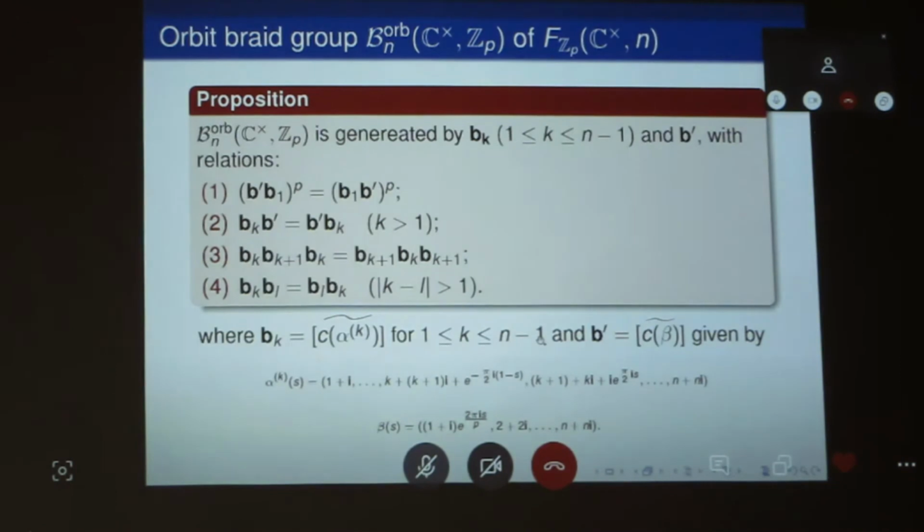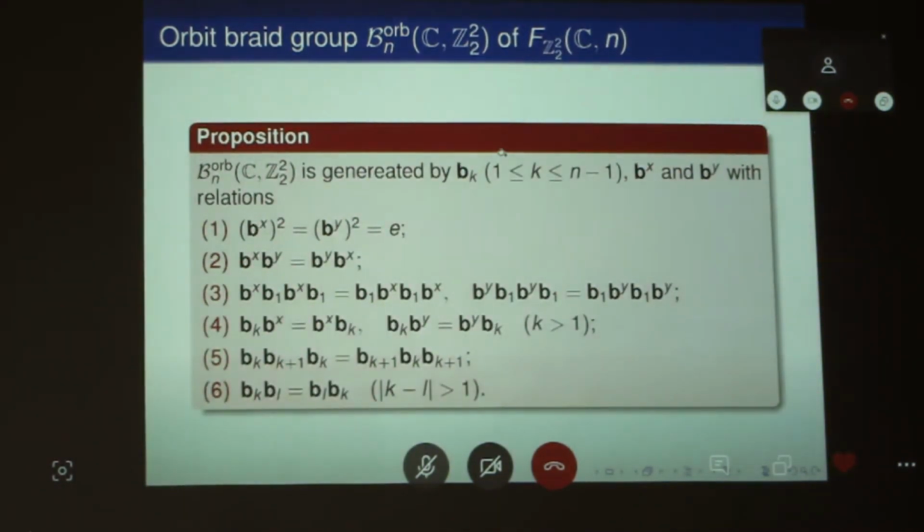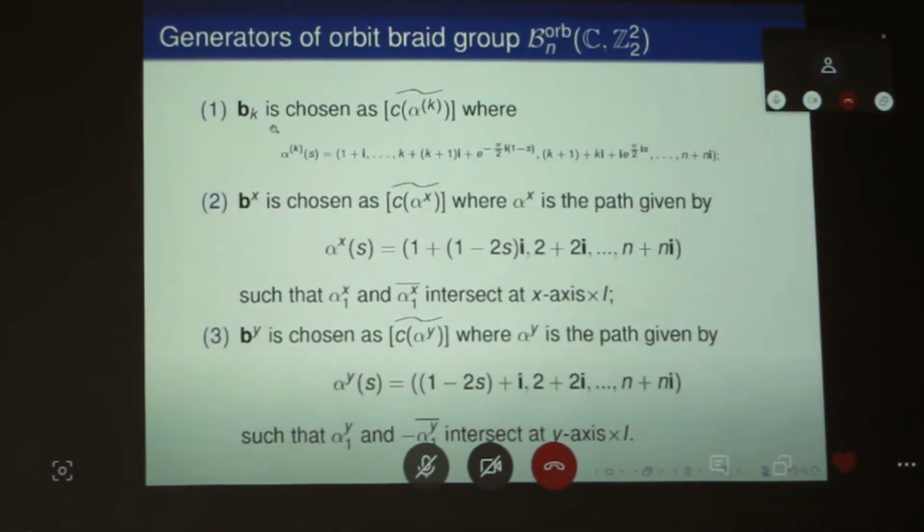For this case, we also get these results. Here, for each generator, how to give a description by paths, we can choose the explicit paths.